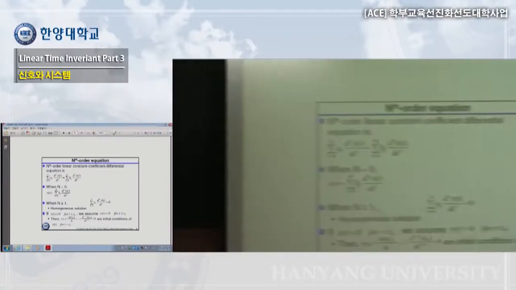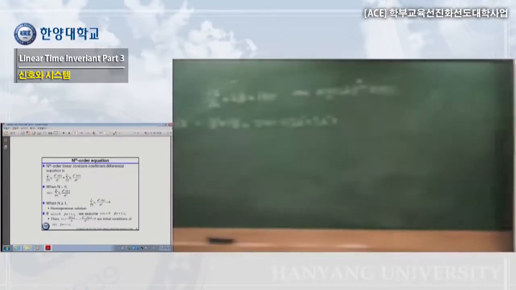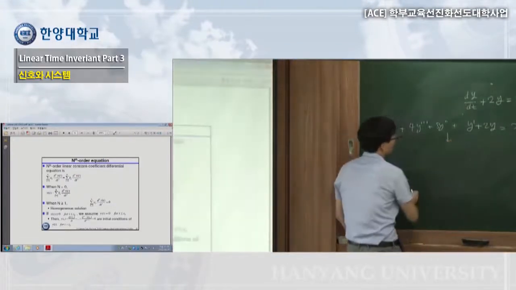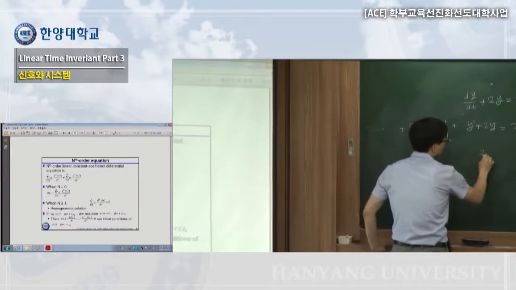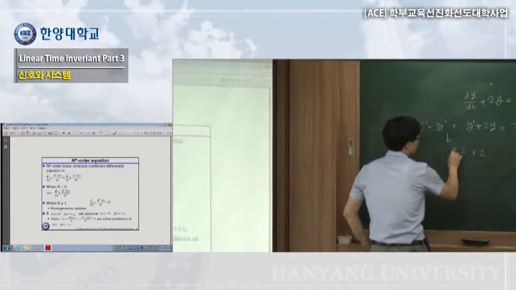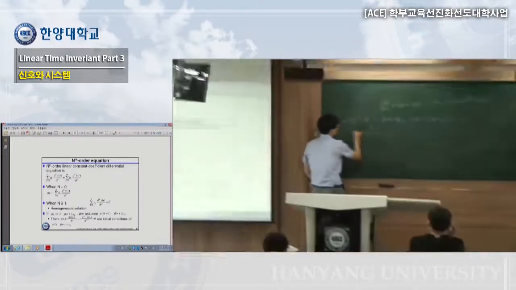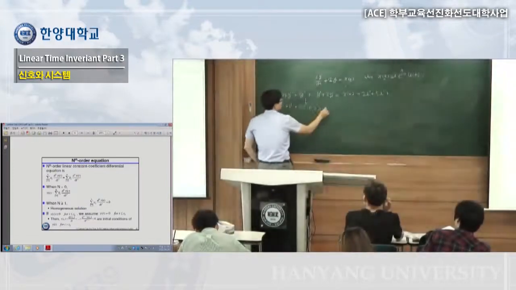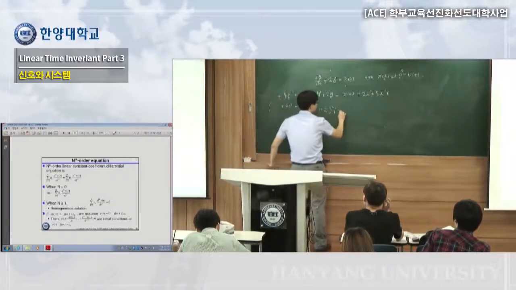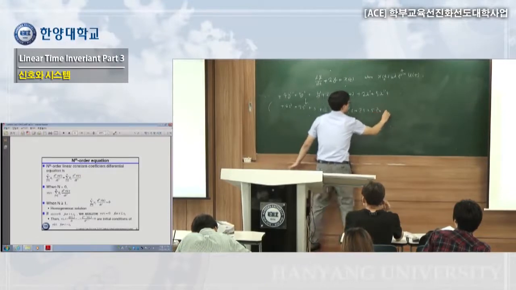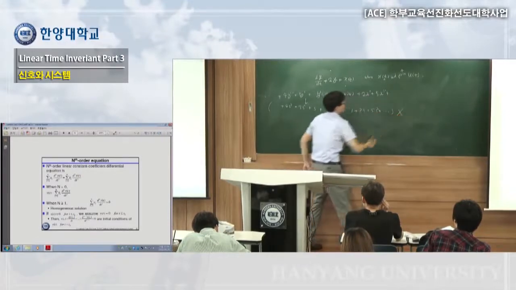Once again, ask your intuition what you want to do. There's one way you can do it. However, what you can do here is take 2s + 3s squared + 4s, 3 times y equals 1 + 2s + 5s squared, and x.